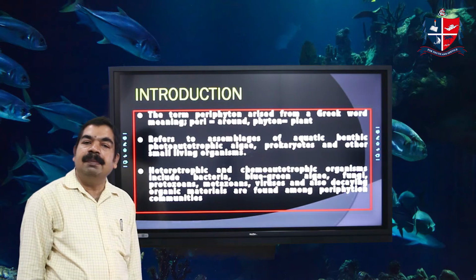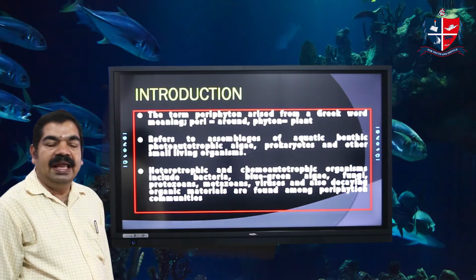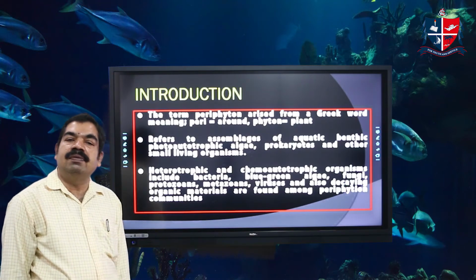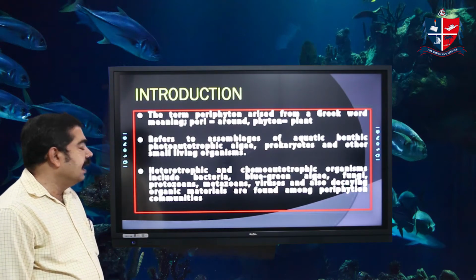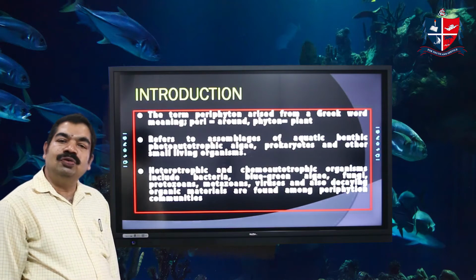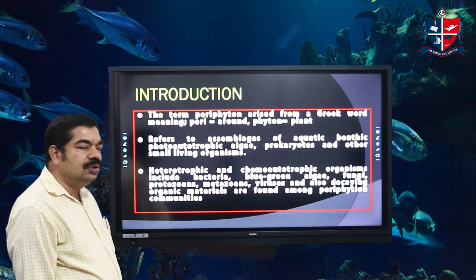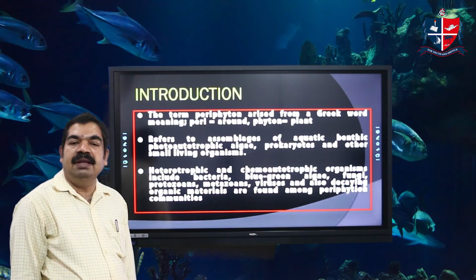So the periphyton community is an association of heterotrophs as well as chemoautotrophic organisms, including bacteria, blue-green algae, fungi, protozoans, metazoans, viruses, and decaying organic matter.